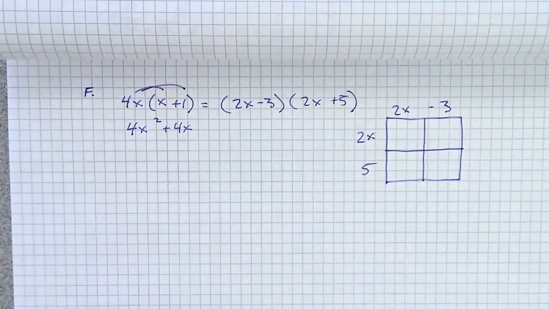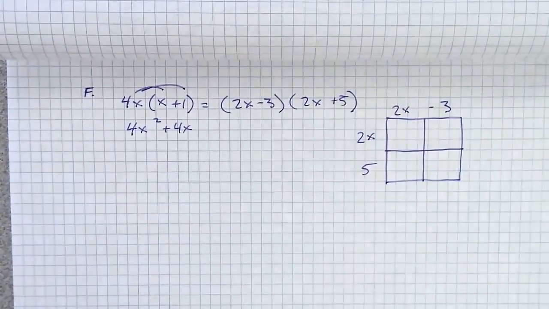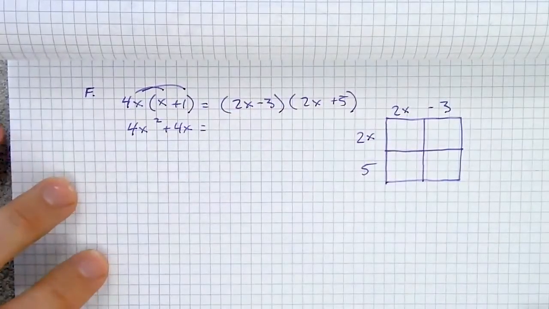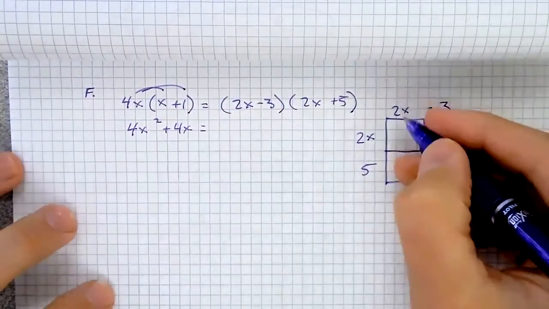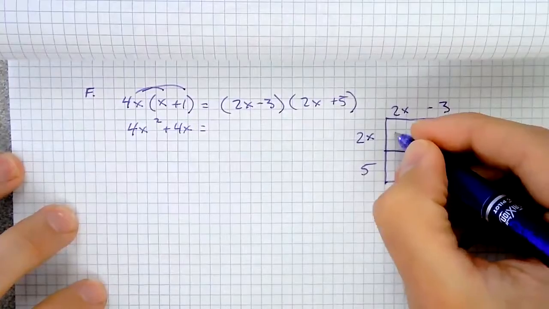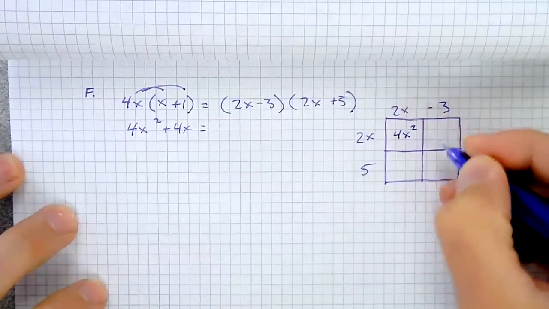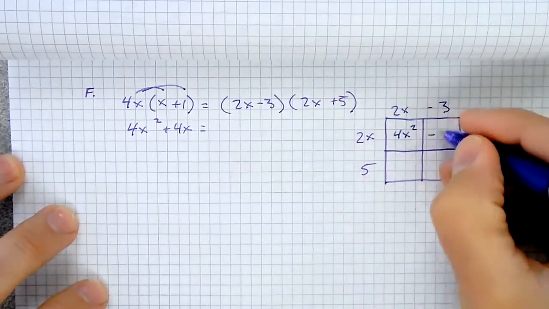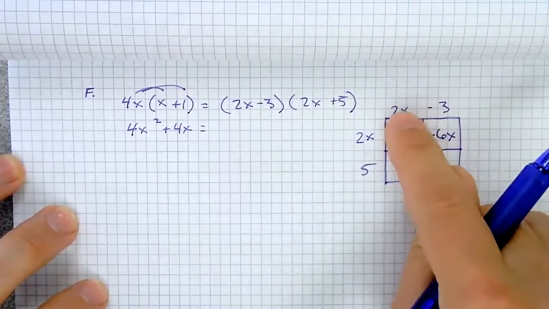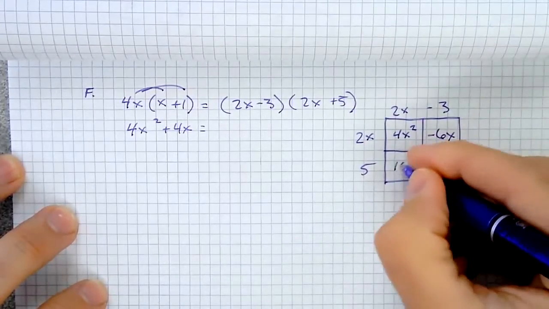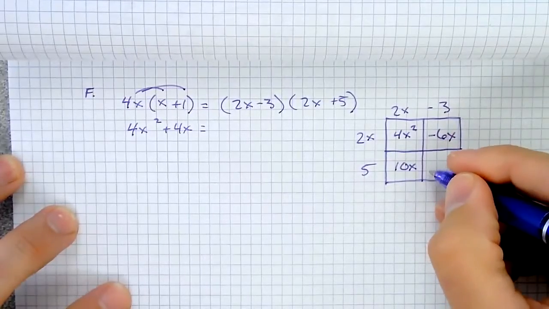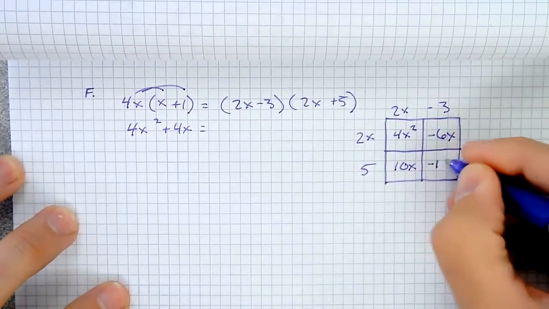You might also have learned how to FOIL. We won't give you stuff like this until probably later in the year. But I get 2x times 2x and I put it in this square, which is 4x squared. In this square, I'm going to write negative 3 times 2x, which is negative 6x. 2x times 5 goes in this one for 10x, and then negative 3 times 5 goes there.